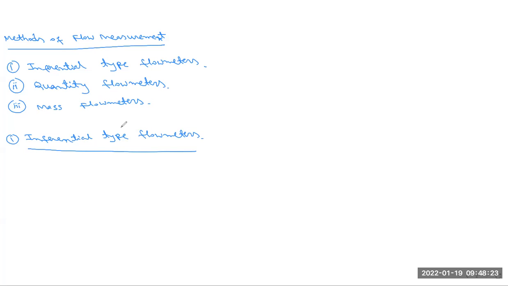Number one, a variable head or differential meter.